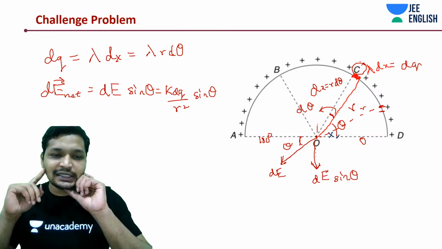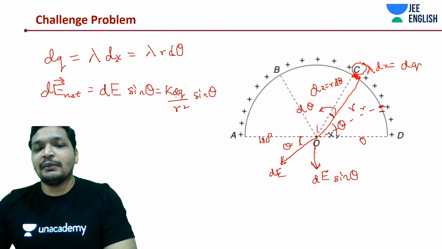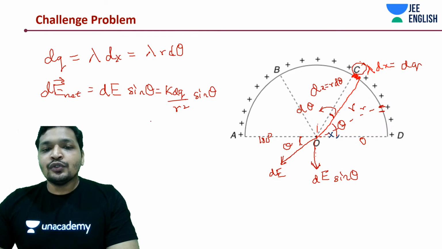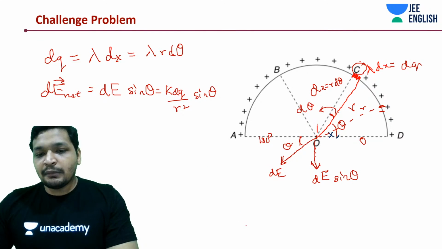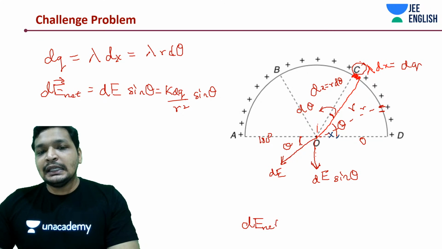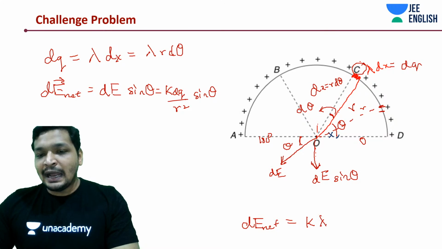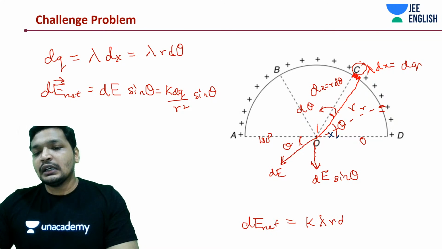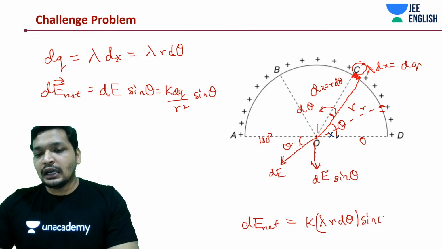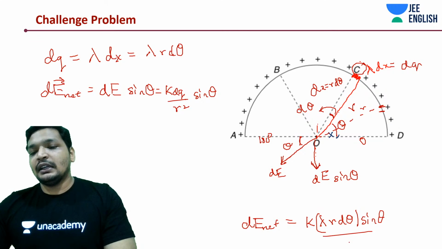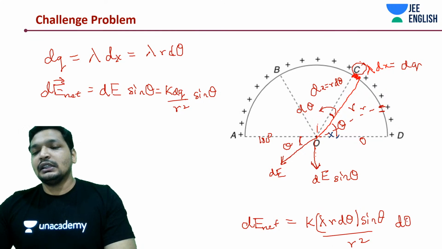I told you this is the simplest integration we'll ever come across. Before moving to the next page, I'm going to say dE net is equal to k into lambda r d theta sine theta divided by r square.